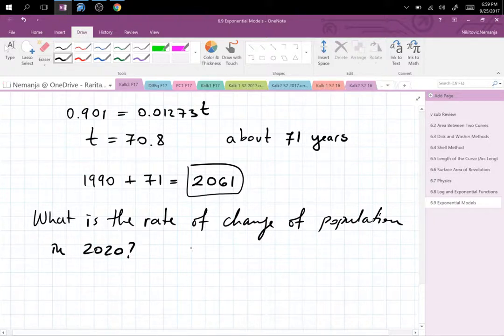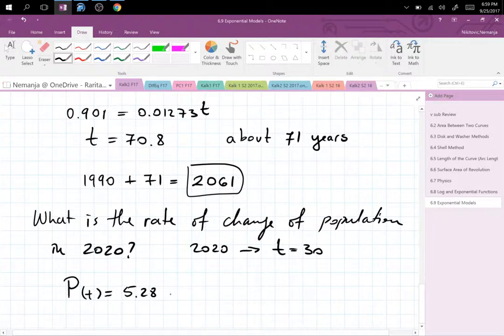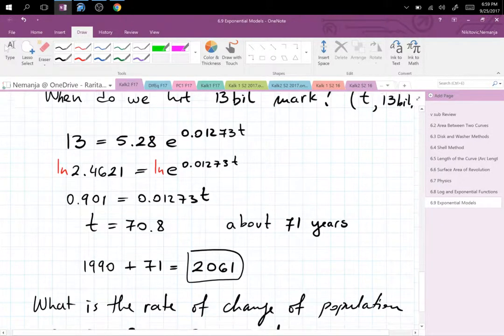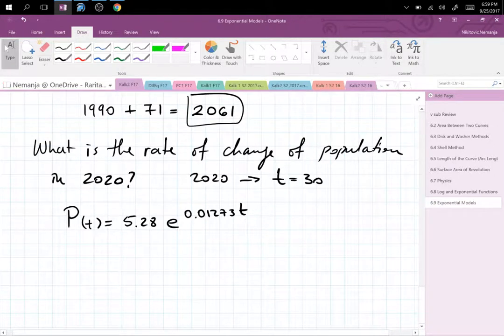Well, first what you should do is 2020 converted to our t is 30. You have to have that. Also, since we are talking about the rate of change, we need to take the derivative of our population model. Population model P of t was P0, which is 5.28, e to the 0.01273 t, if I remember well. 5.28, yes. So we are going to take the derivative.